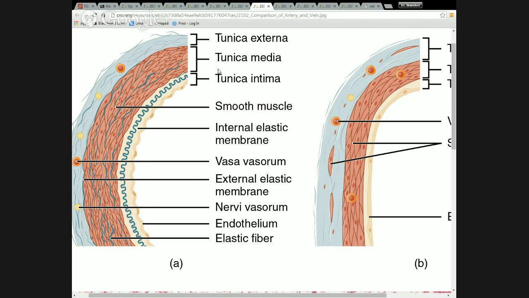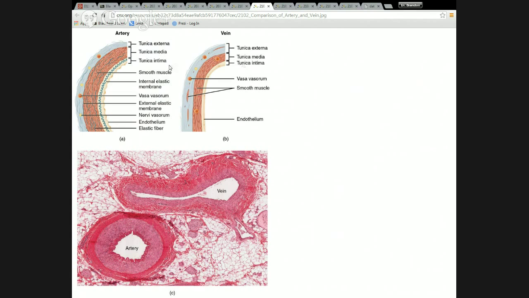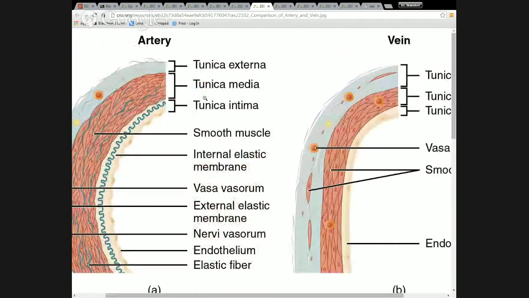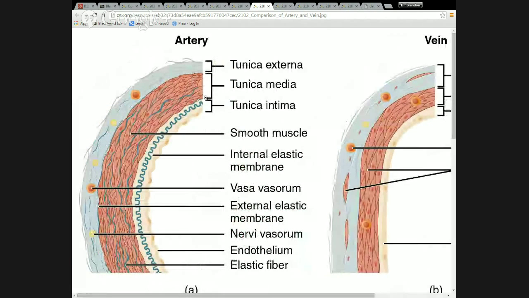The next layer, the tunica media, is the muscle tissue layer. It's smooth muscle. There's some in arteries and in veins. Arteries tend to have more muscle than veins, but there's going to be some in veins also. A difference, however, between the two is, again, about elastic tissue. So there's an external elastic membrane.